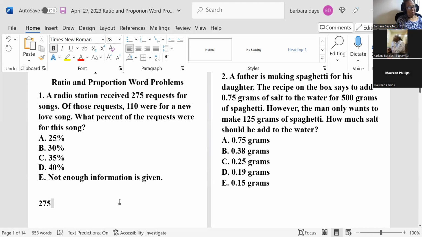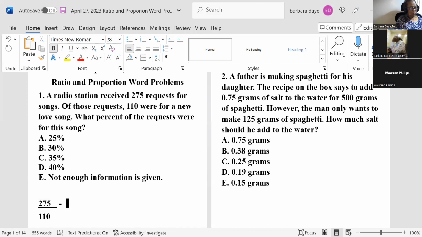I will put 275 over 110. Okay, that's the way you set it up. Well, there are different ways to set it up. And what is that equal to? Because you're looking for percent. So what's that equal to, Maureen?